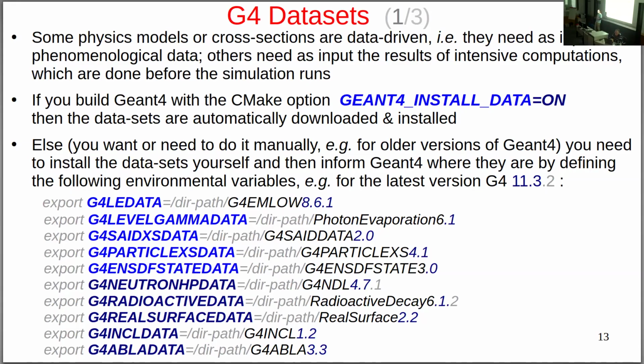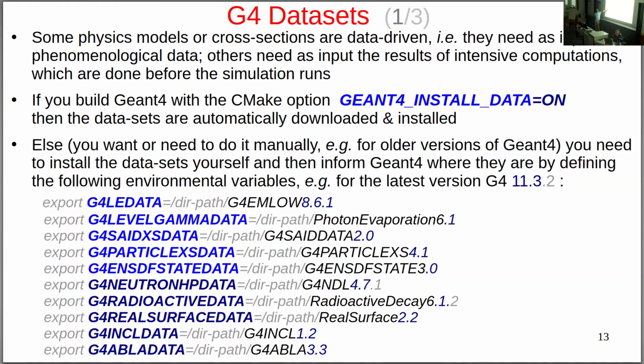So automatically, in many cases you don't even realize, Geant4 relies on these files. Environment variables, shown here, point to the proper files, and this with a version. According to the Geant4 version, the version of these files can be different.